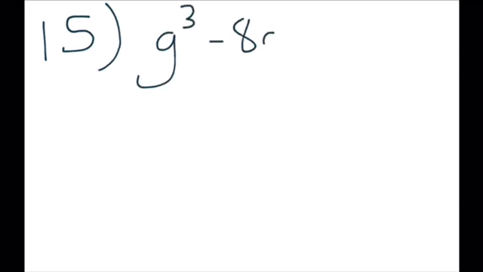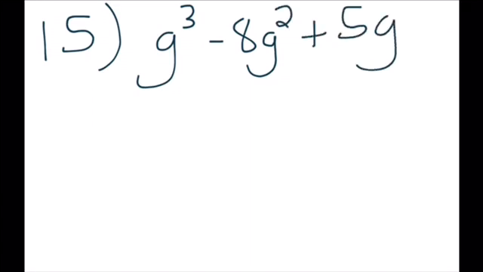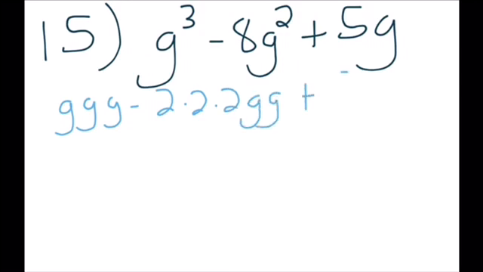Okay, last problem. We have g to the power of 3 minus 8g squared plus 5g. First of all, is there a GCF? We have 3 g's, minus 2 times 2 times 2 with 2 g's, plus a 5 and a g.